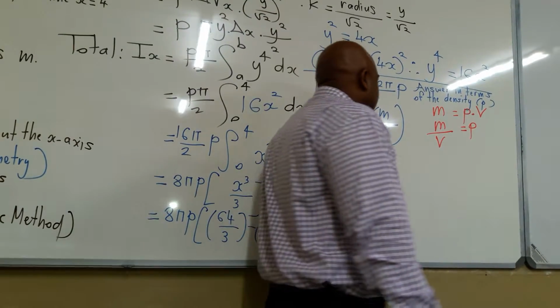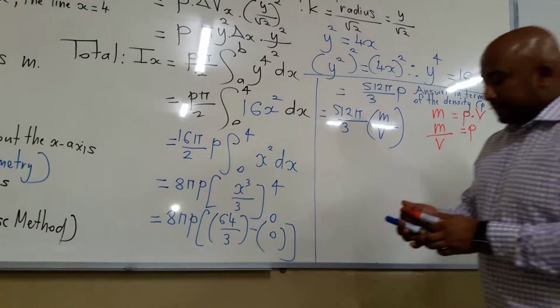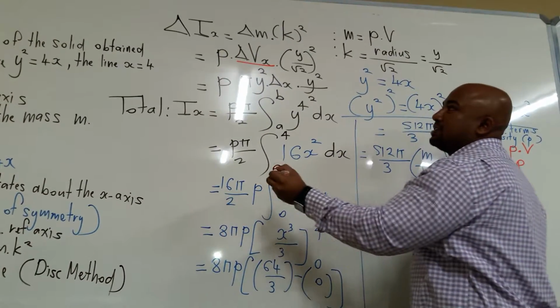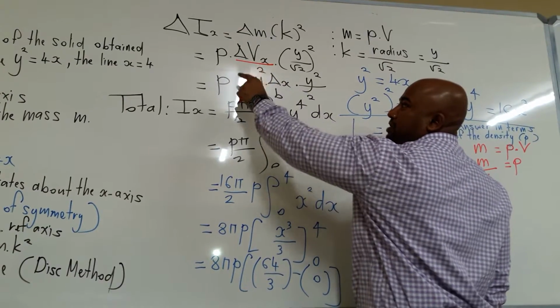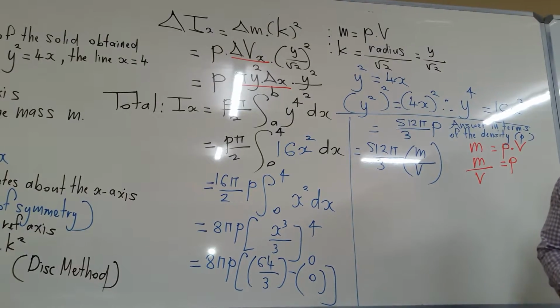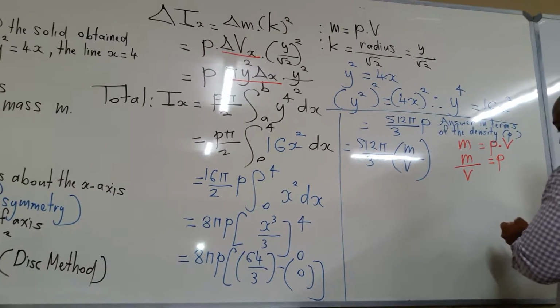Right, so how do we work out volume? Here is our volume, delta Vx. What is delta Vx equal to? Pi y squared delta x. Can you see that? So now, let's work out our volume here.